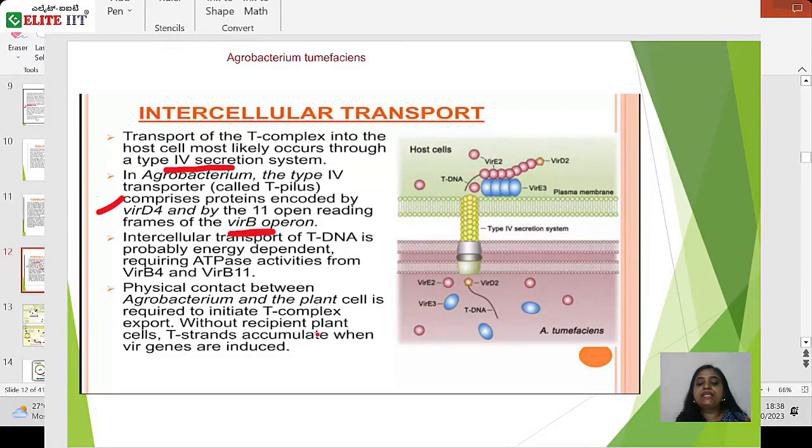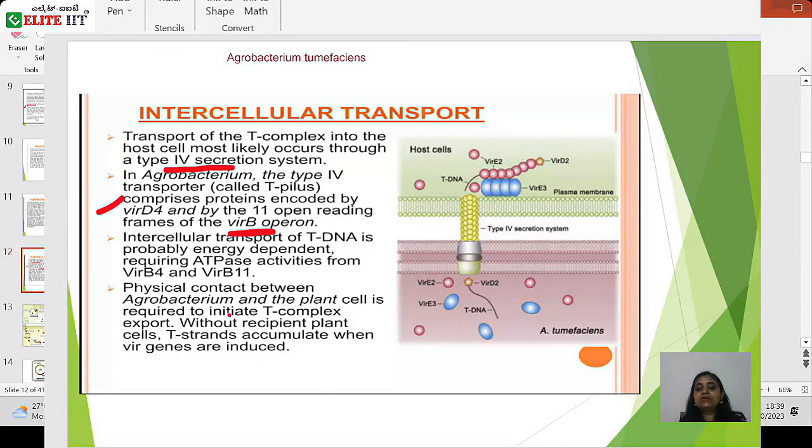Whenever plant cells are not there, this type of induction is not happening by the phenolics. What will happen? Without recipient plant cells, T strands accumulate when Vir genes are induced. So T strand accumulation will be there whenever these genes are induced by the phenolics but the plant cell is not present.